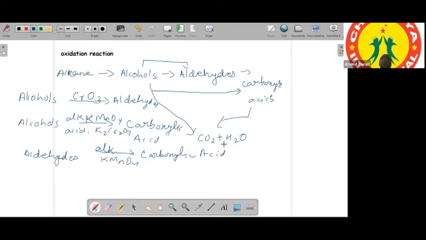You can burn all the alcohols, aldehydes, carboxylic acids, all of them can be burnt to carbon dioxide and water. I hope you have understood this.